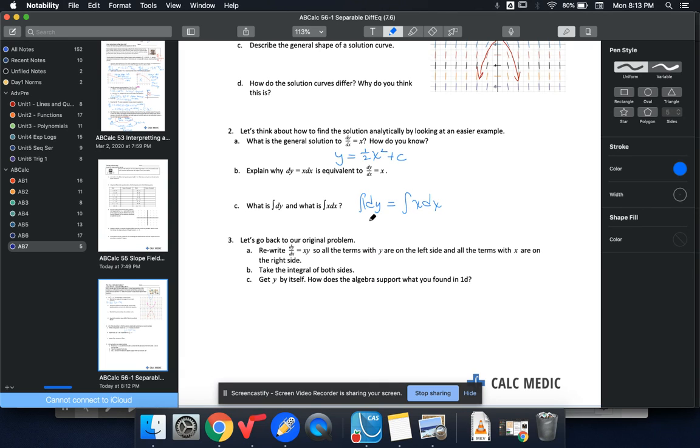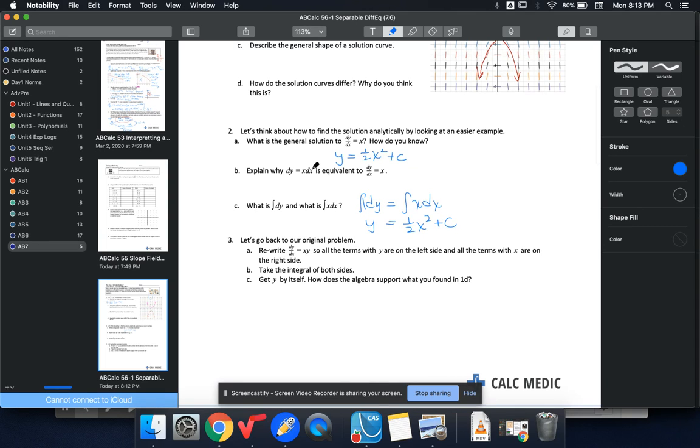This is like the integral of 1 dy, which is just y. And I'm not going to write the plus c over here, because if I add a constant here, I'm also going to add a constant on this side, and then I could just move this constant and combine it with this one. So it's better to just have one constant.